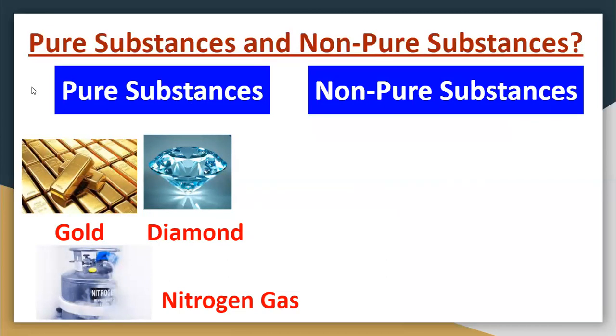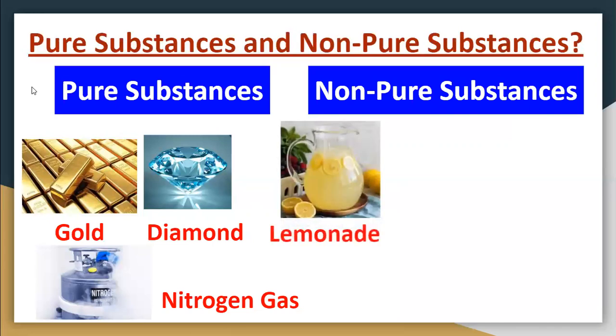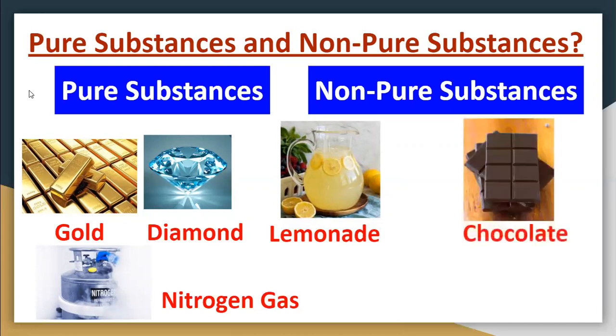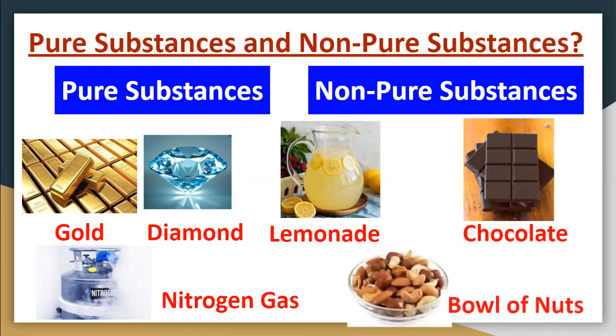What about non-pure substances? Lemonade is non-pure because it's a mixture of different things, right? It's water and lemons and sugar and whatever else you might put in there. Chocolate is a non-pure substance. That's a mixture of different things. And a bowl of nuts is a non-pure substance. It is not pure. It has many different things mixed in.